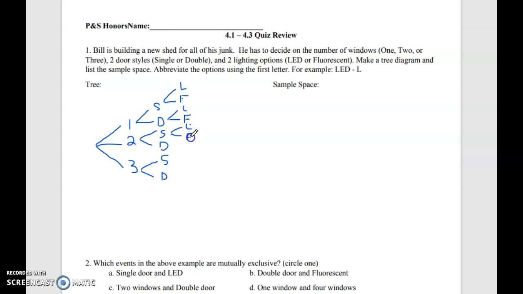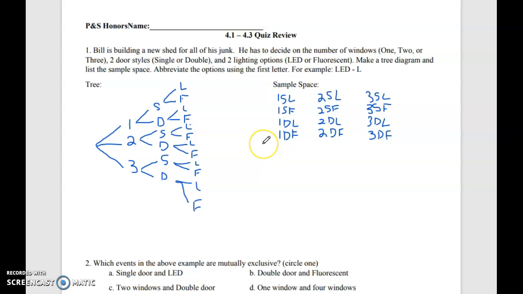So I just keep branching off all these. This gives all the possible ways that Bill can put this shed together. Getting a little messy when it gets this big. To save a little time, I paused recording and I wrote all my sample space out.